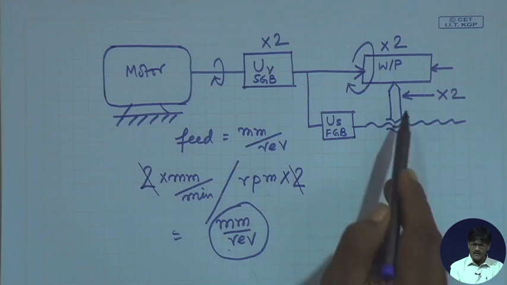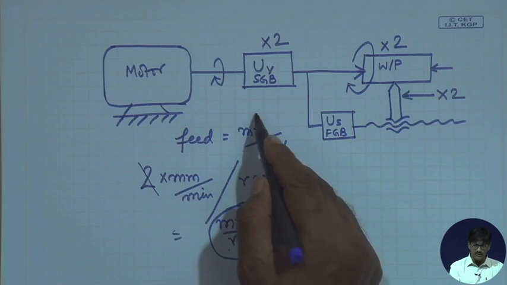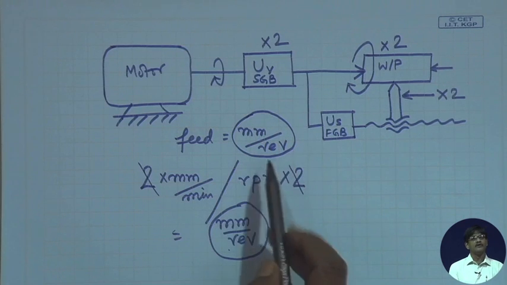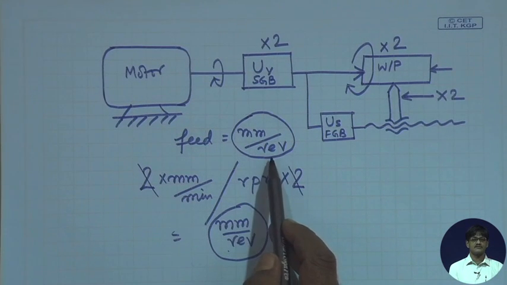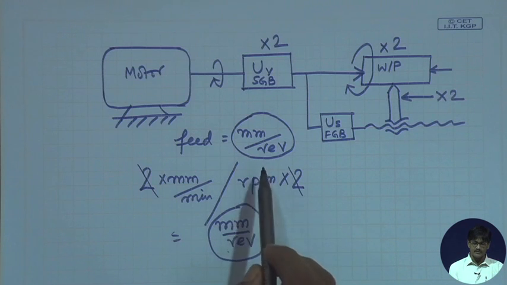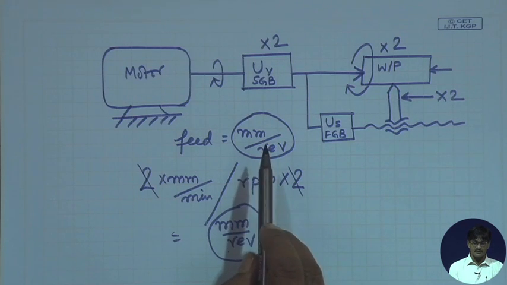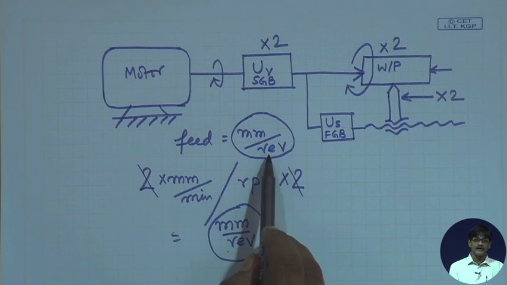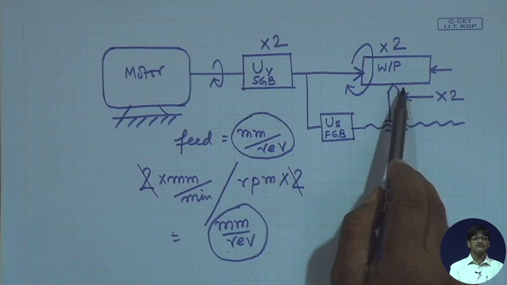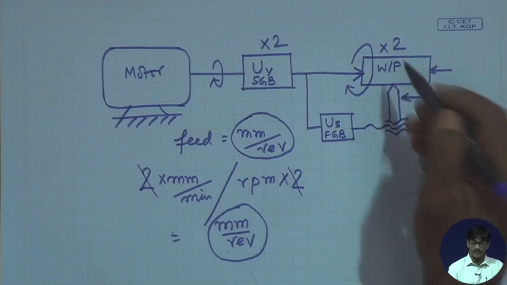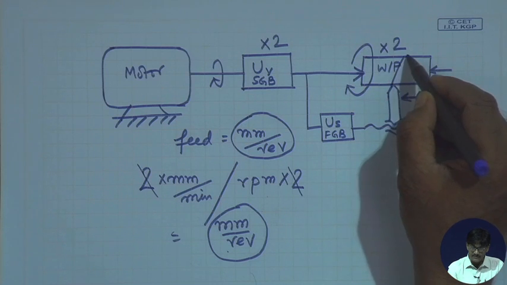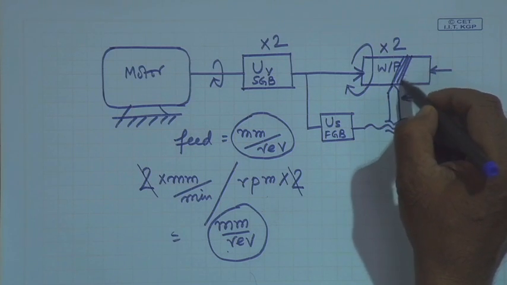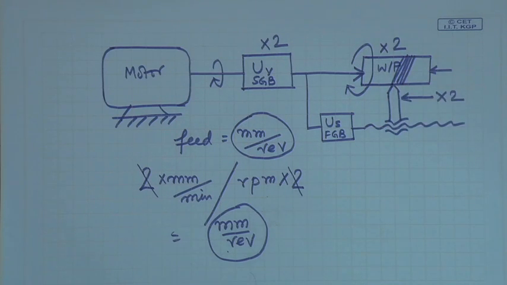But the question is, why should we define this one as millimeters per revolution? Okay, we are getting away with it, it remains constant, but why go for such a unit? This is because this is the parameter which defines a very important thing on the workpiece, the surface finish. The surface finish is defined by the small amount of movement you are making per revolution of the workpiece.